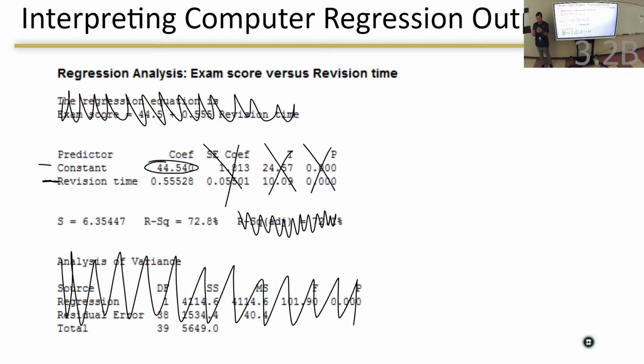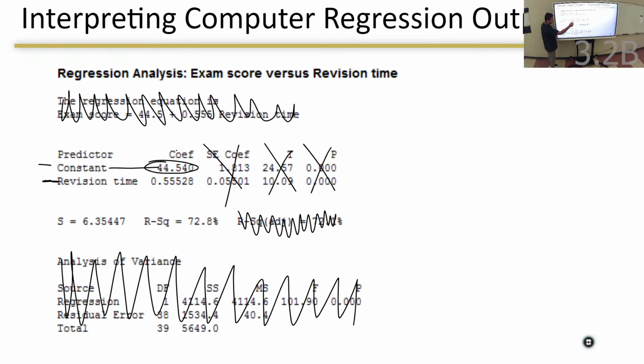The coefficient's a number that goes in front of a variable. So that's my y-intercept, wherever that lines up.